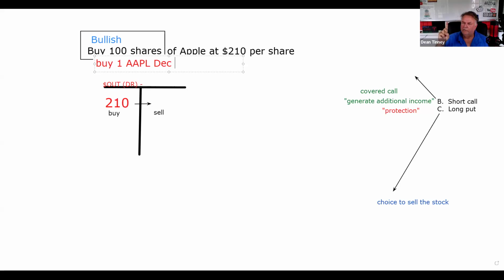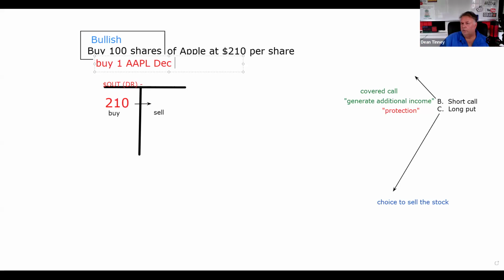The mantra is lower, higher, longer. Lower, higher, longer. Lower strike call contracts always have greater premiums. Longer term option contracts always have greater premiums, and higher strike put contracts always have greater premiums.